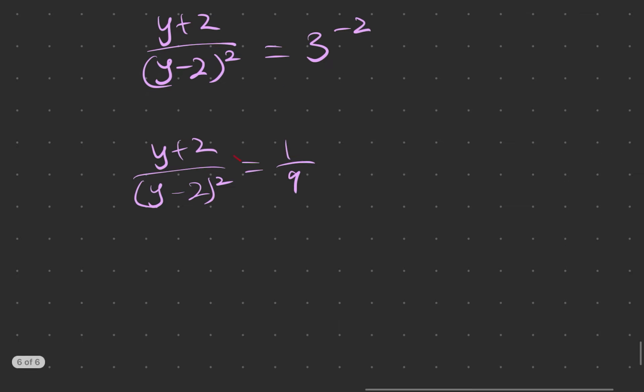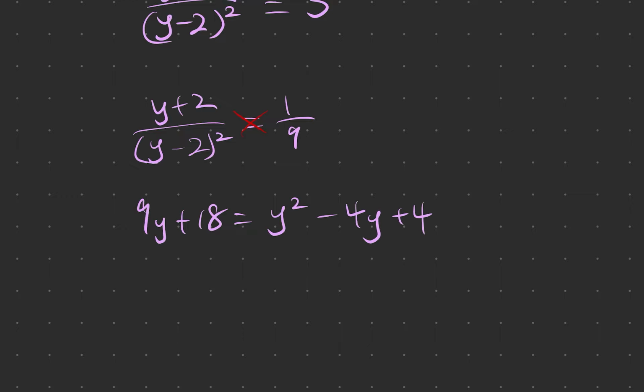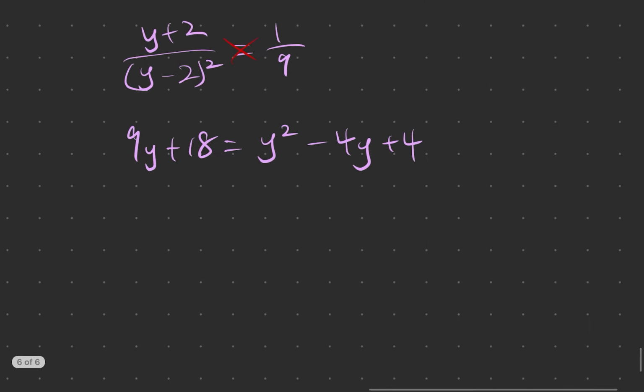Now I can do my cross multiplication. So what I'll be getting is 9y plus 18 equals y squared minus 4y plus 4. And then I'm going to shift everything to one side only.